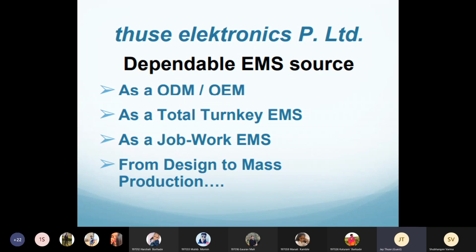Under job work EMS, our customer provides all the raw material needed for manufacturing. We just assemble the PCBs and the product as per the instructions given by the customer. That is job work.